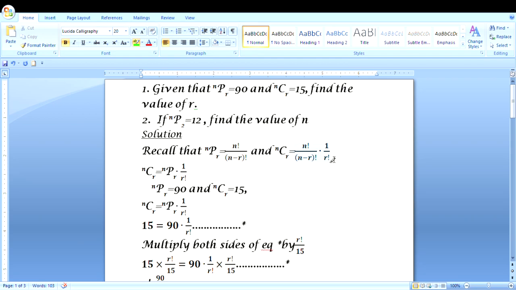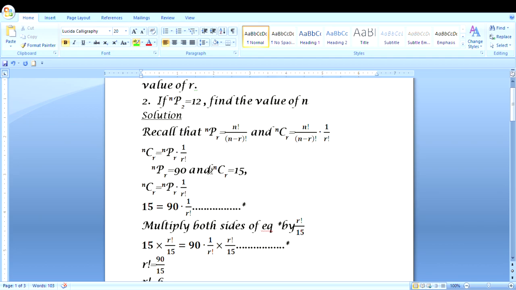So it simply means that nCr is equal to nPr times 1 over r factorial. But you know that, from the question, nPr is 90 and nCr is 15.